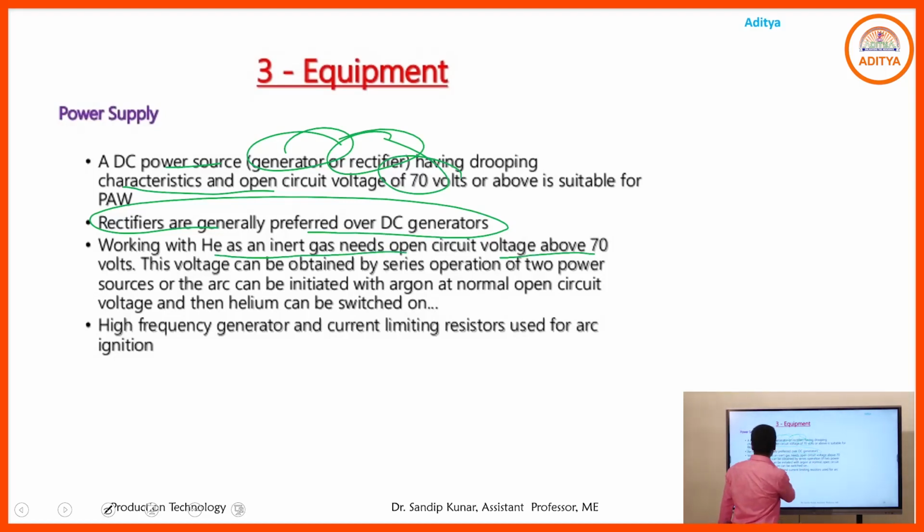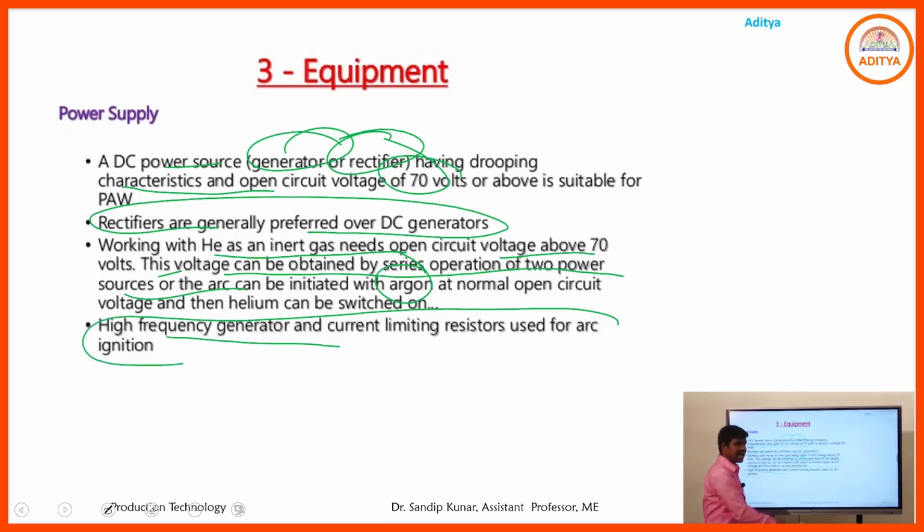The 70 volts can be obtained by two power sources that are initiated using argon as a shielding gas. A high frequency generator is also used for arc ignition.